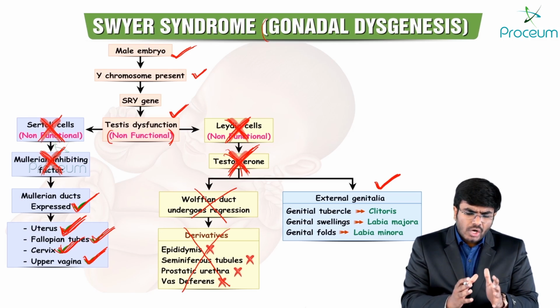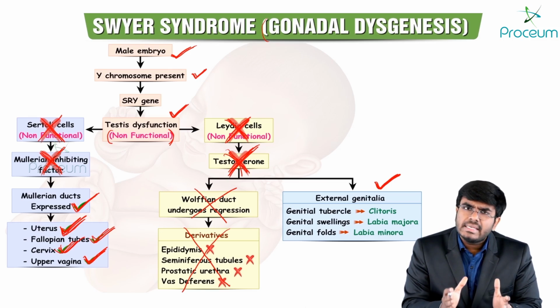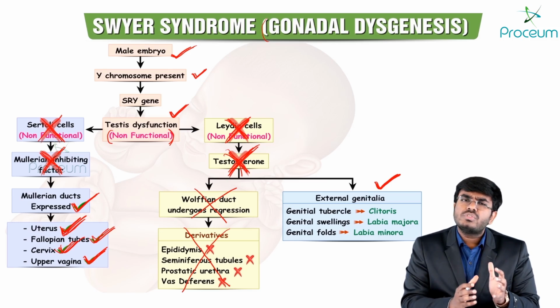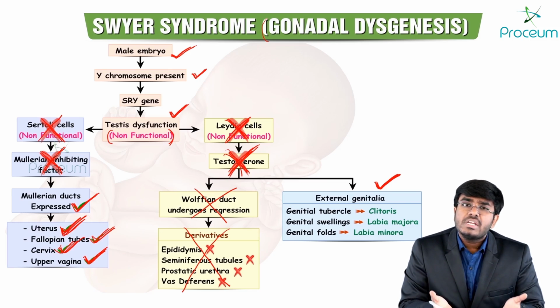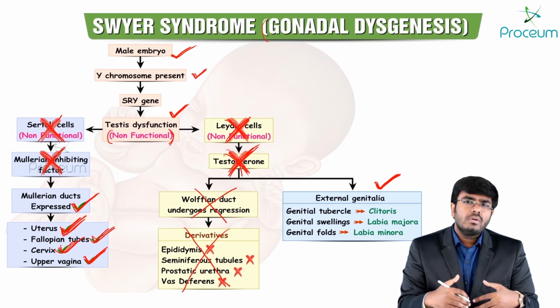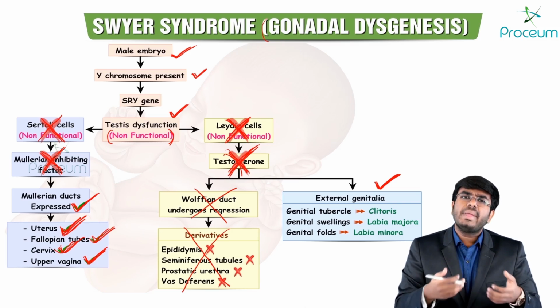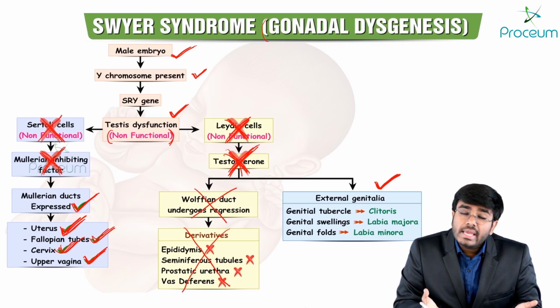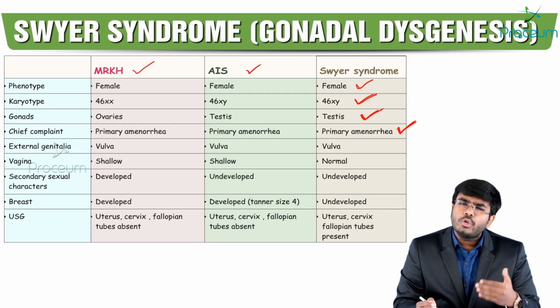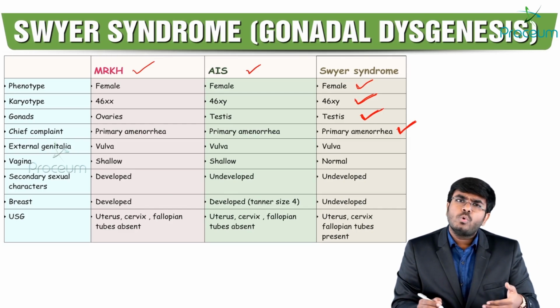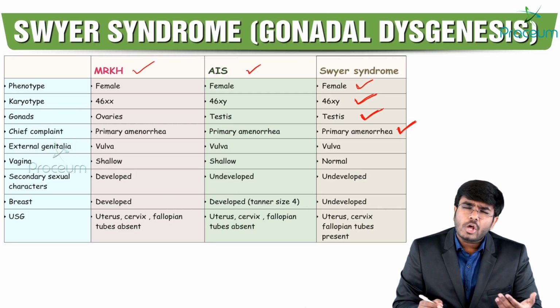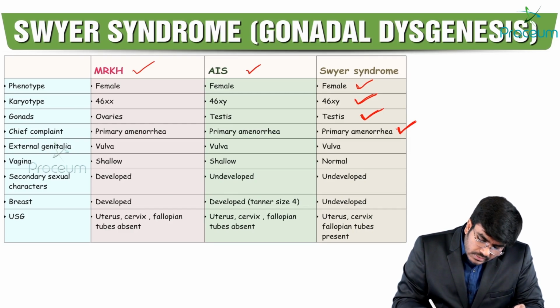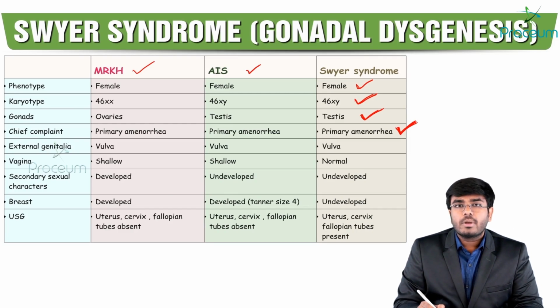No. In order to have a normal menstrual cycle, the simple presence of uterus, fallopian tube, cervix is not enough. She also needs to have the ovaries. But this is a male child. Ovaries are not there. If ovaries are not there, do you think this female is going to have normal menses? No. So, she is going to have primary amenorrhea.